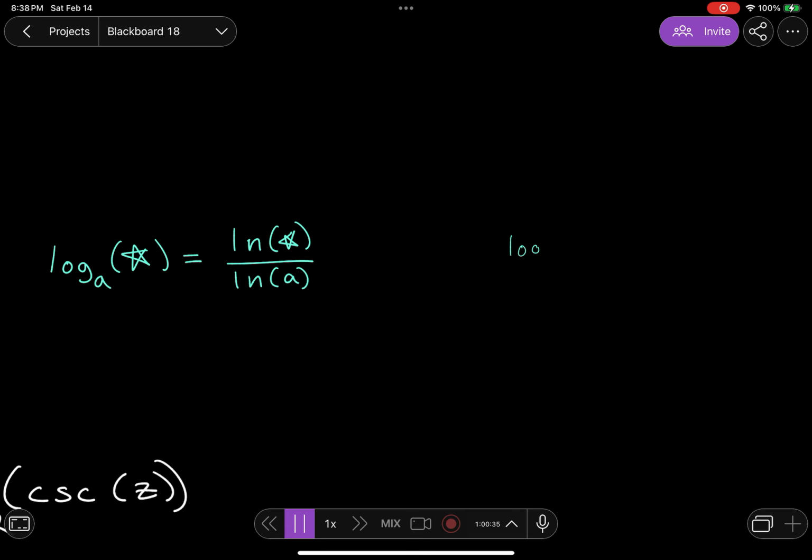The log base A of B is equal to the log base A of e to the natural log of B. And that's the same thing. No, this is not what I want. Okay, I'm trying to prove this.